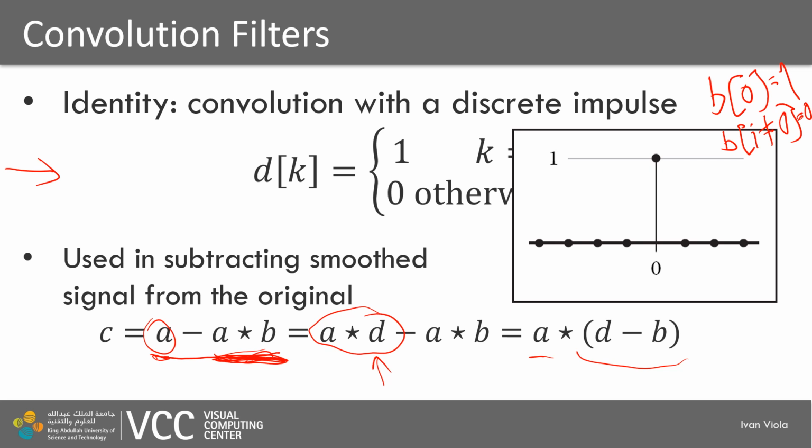And this will be a component-wise subtraction. So this would mean that, for example, D at minus 2 minus B at minus 2 is equal to D minus B at minus 2, and so on. So it will always be 0 here, only if the iterator is equal to 0, it will be 1.